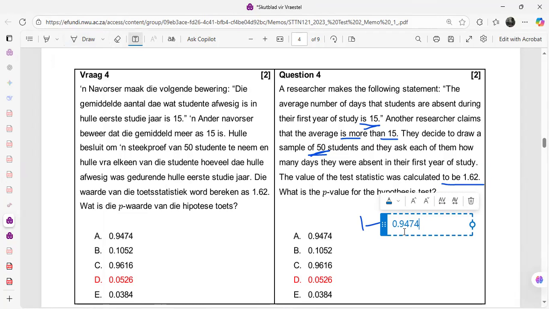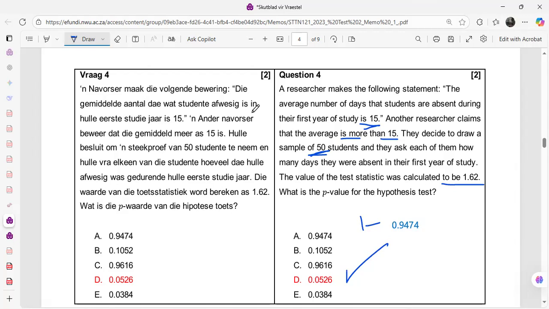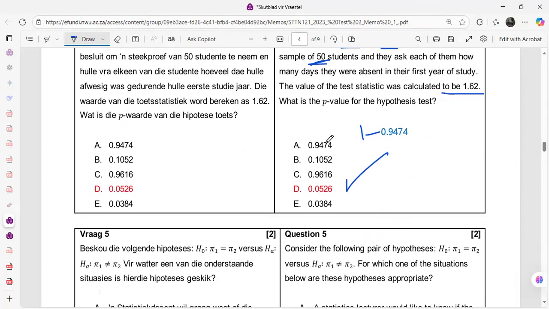And when you say 1 minus 0.9474, you will get 0.0526, which is this one here. So you see, it's very important for you to check if you're dealing with less than, minus, or greater than here. That was question 4.